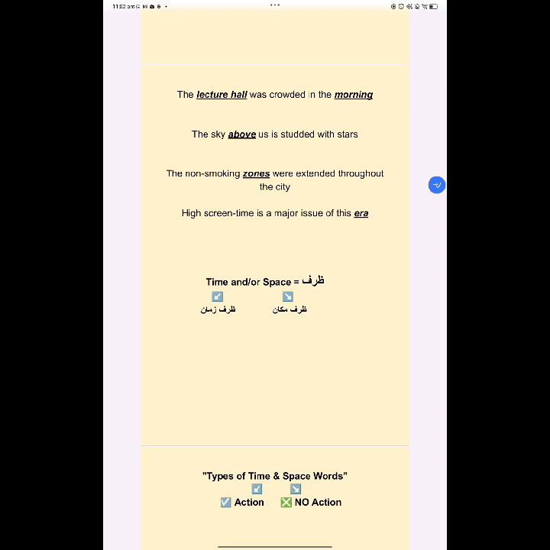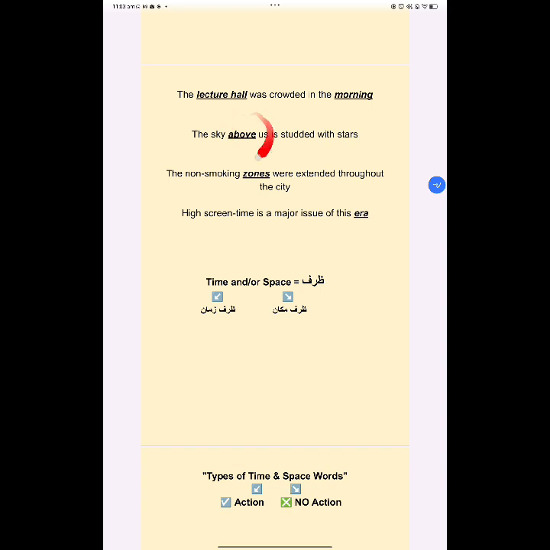Okay, then Zarf Makan. Makan means a house in Urdu. Okay, Makan means house, and well, it's a place. All right. So Zarf Makan means any zarf that tells you space or place. Okay, so for example, lecture hall. The word lecture hall is zarf makan.